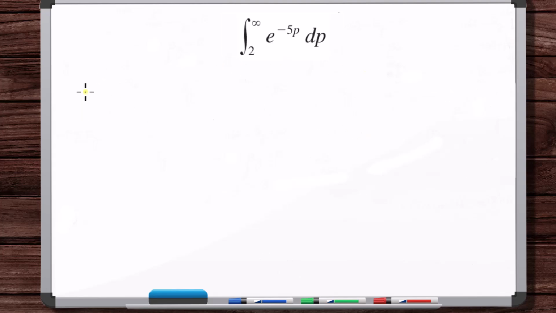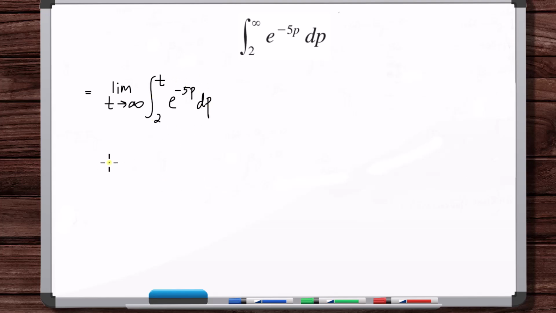Okay, so this is equal to the limit as t approaches infinity of... right, because we're always going to end up with a t, after we take this integral, doesn't matter what this variable is, p, x, whatever, we're going to end up with a function of t.